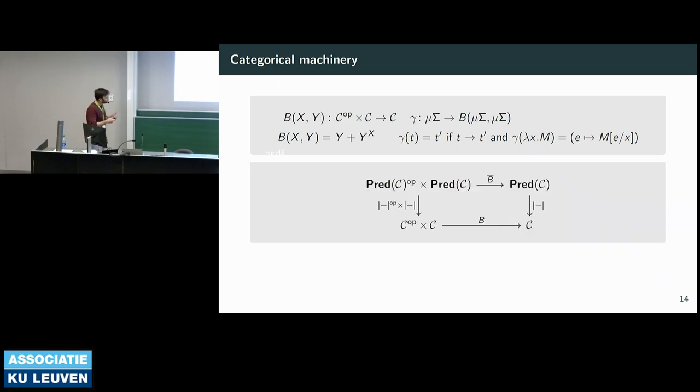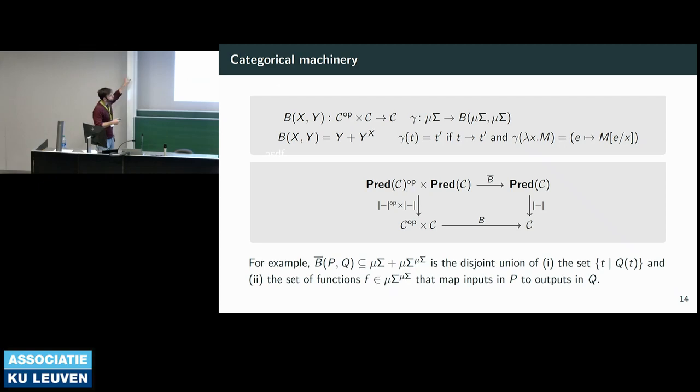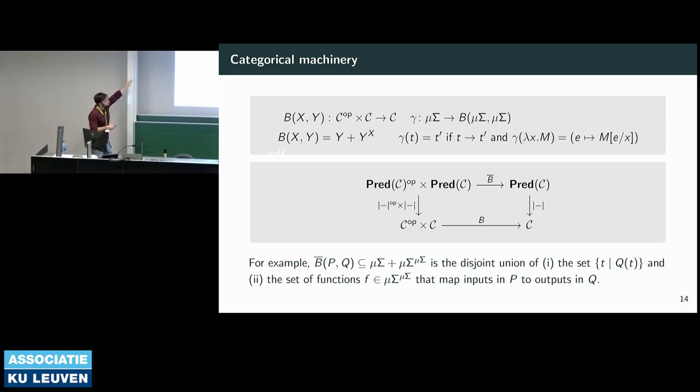And you need something that's known as predicate lifting. You need a way to apply predicates to these structured successors. So if you are presented with this sort of set, which is a disjoint union of identity and functions, the relation lifting of B bar, P comma Q, is a disjoint union of the set Q plus the set of functions that map inputs in P to outputs in Q. Don't tell me for logical relations people it doesn't trigger you.